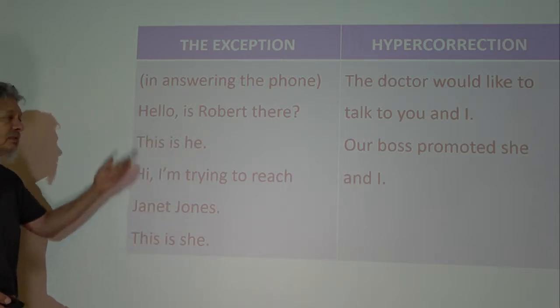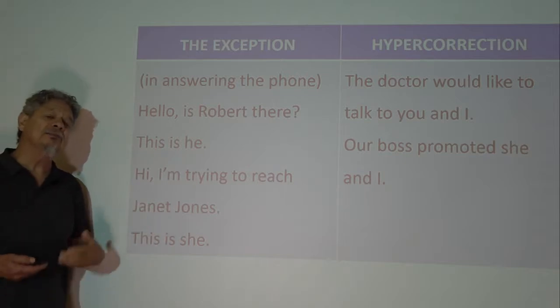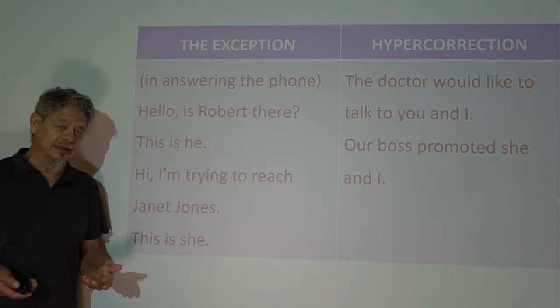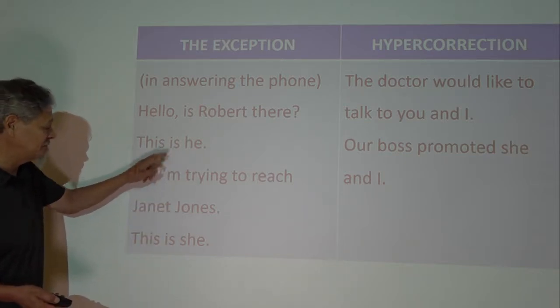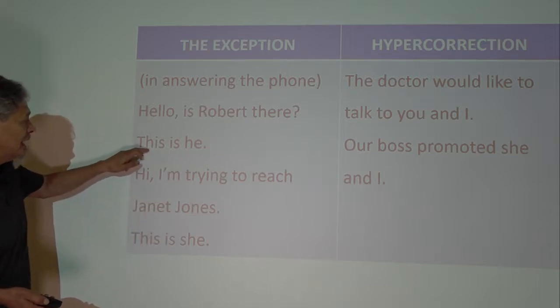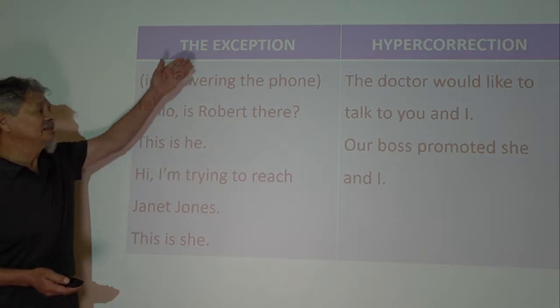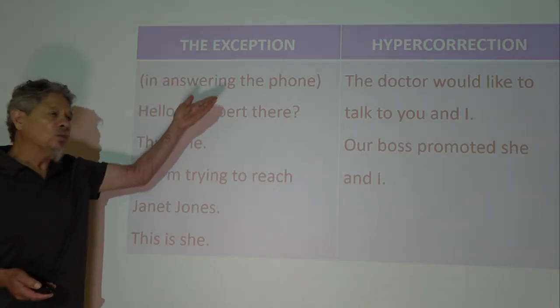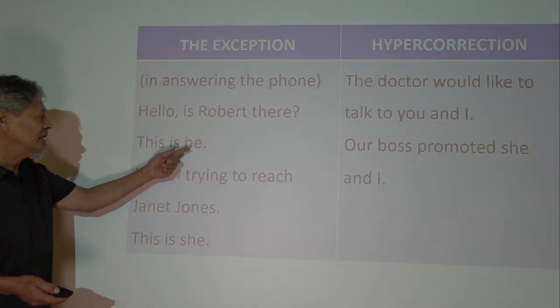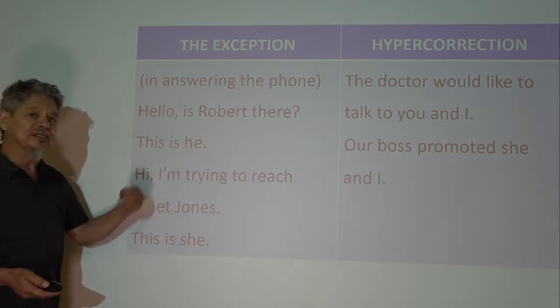In these 2 examples, he and she are being used as objects because they're coming after the verb. The pronoun this is the subject. And so this is the only exception when we use subject pronouns as objects.